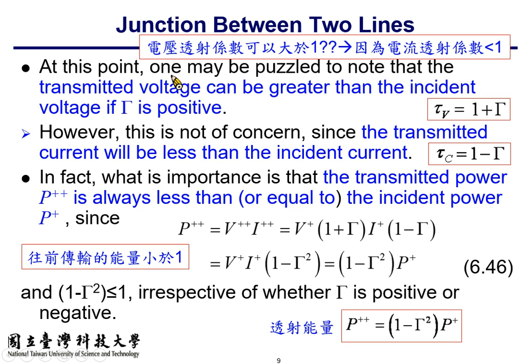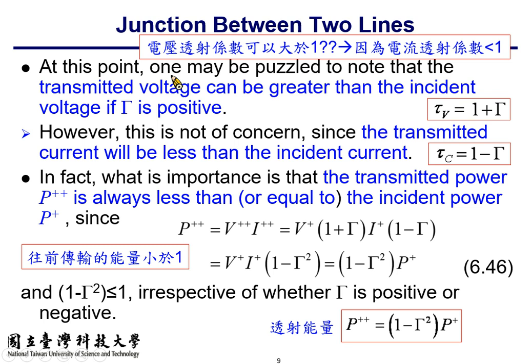So far, for resistive loads and connections of transmission lines, the reflection coefficients are all real numbers, but they are just the special case.